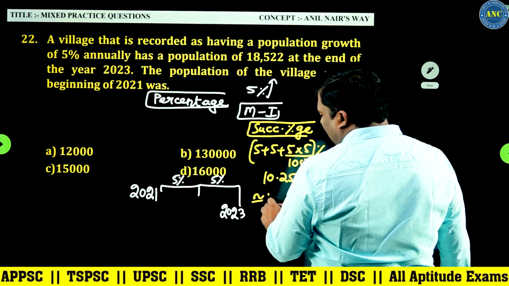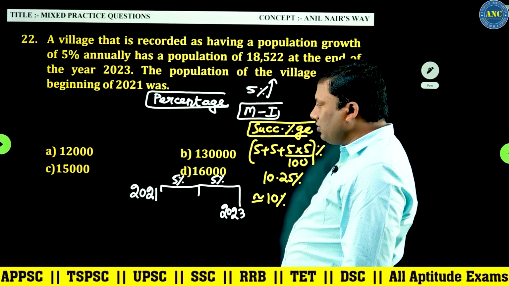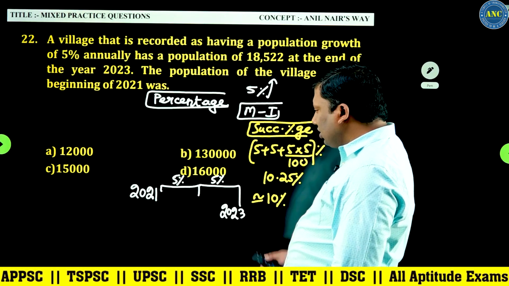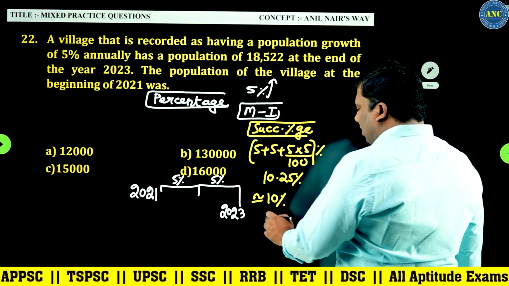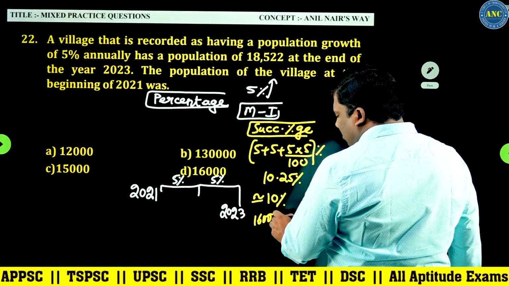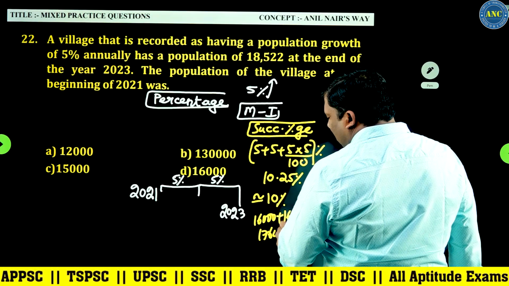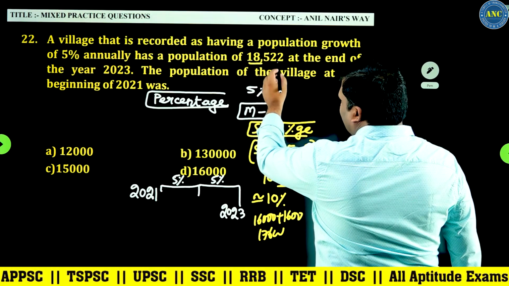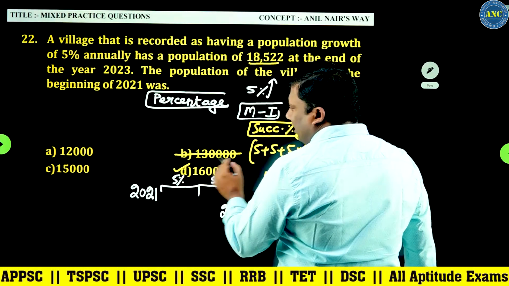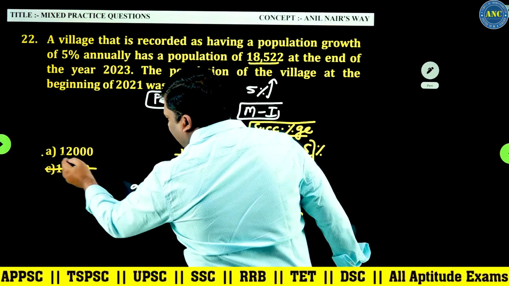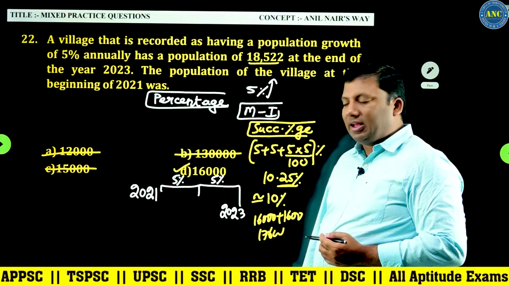If I approximate to 10%, 10% of 16,000 is 1600. 16,000 plus 1600 is 17,600. Still 0.25 is left, so the answer will approach this value. This is a greater value. For 15,000, a 10% increase is 1500, so the value will be relatively smaller.